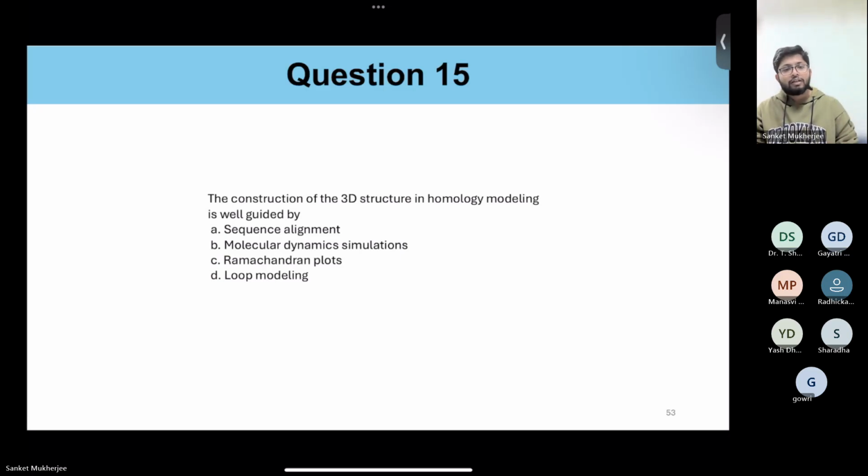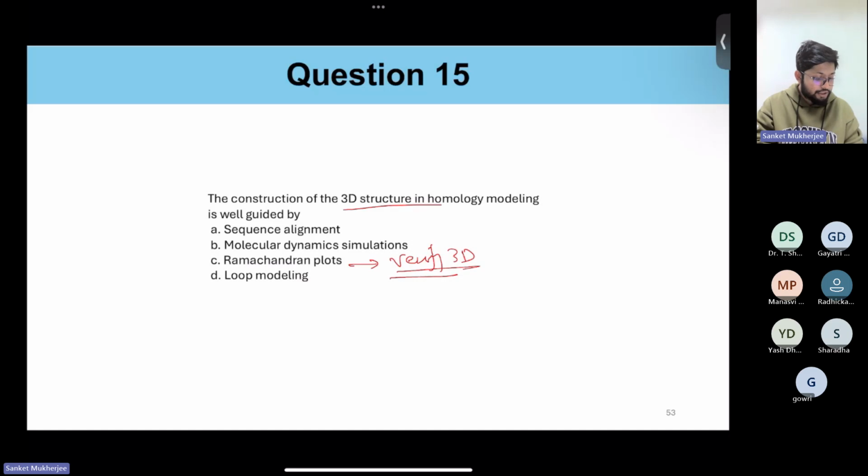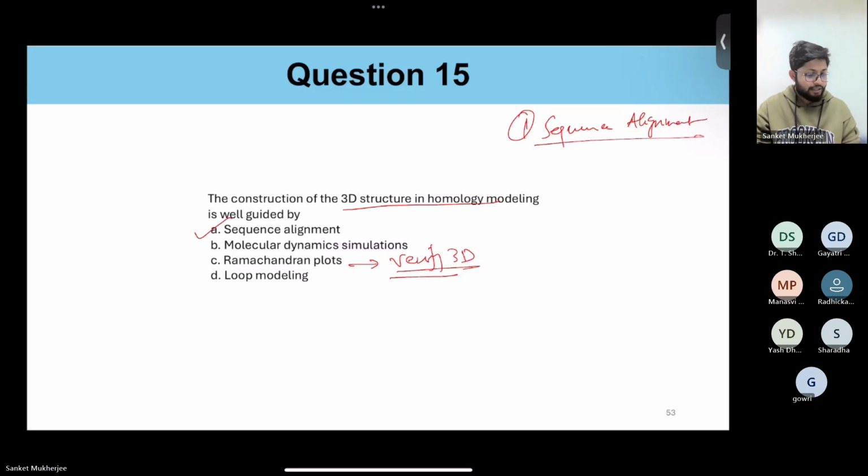Ramachandran plot. Ramachandran plot is to verify the 3D structure. So it's basically validation. But for construction, the first step would be sequence alignment with the target protein. So yeah, sequence alignment would be the answer to this.